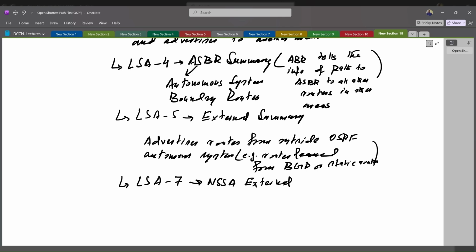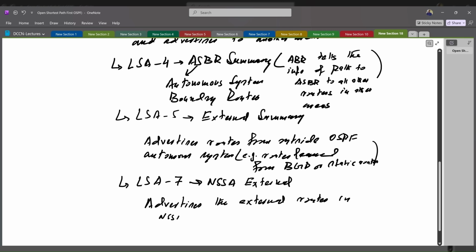Then we'll try to connect them together to make it understandable. So LSA 7 is known as not so stubby area NSSA external. It advertises the external routes in NSSA.